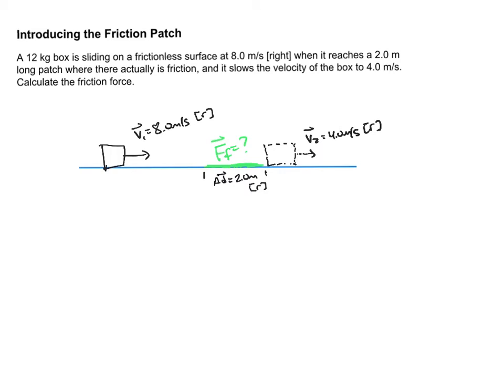We have all these values about the motion of the box, but we're asked something about the forces on the box, so we have to combine motion with forces. There's usually one link that joins those two topics, and that link is acceleration. The acceleration is found in a lot of the big five formulas for motion, and acceleration is also found in Newton's second law for forces. So that will be the link.